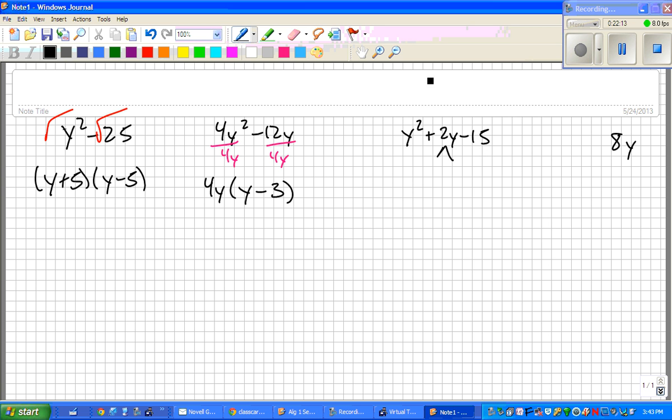We're thinking of numbers that add up to get to 2, but multiply to get to negative 15. And that's negative 3 and 5. And when you factor that out, you get y minus 3 and y plus 5. Okay? And the 8y stays the same. So that's how we did all that factoring.